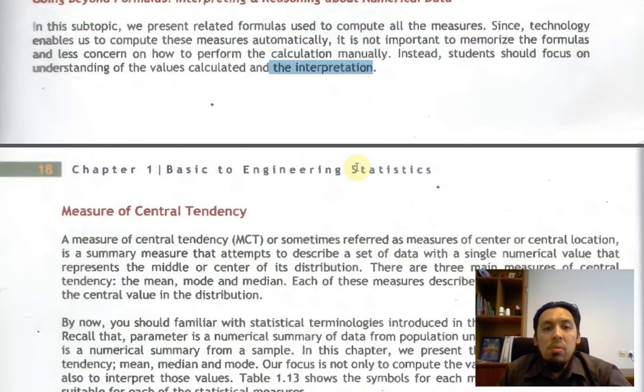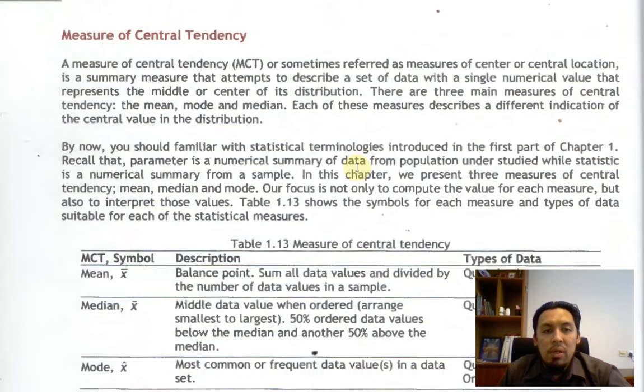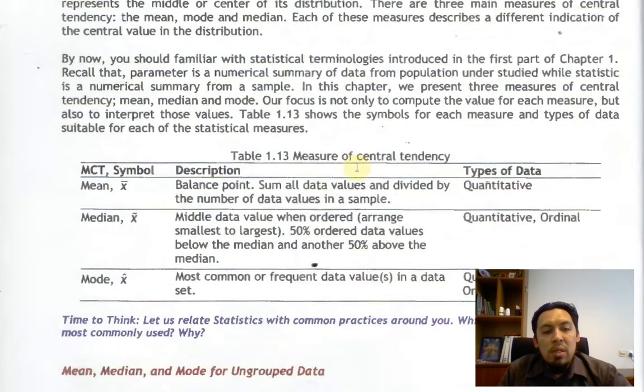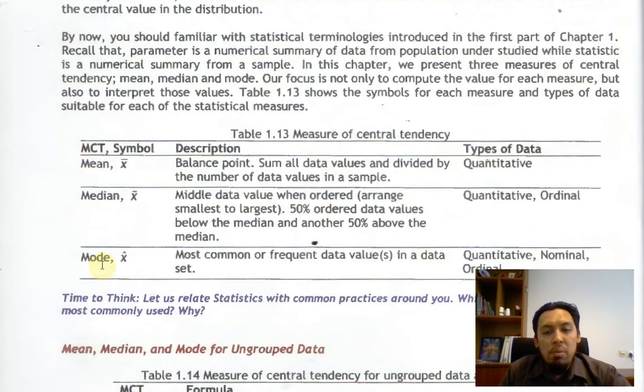So let's look at the first one, measure of central tendency, MCT. As I said before, you have mean, median, and mode. This is the symbol for sample mean, sample median, and sample mode.